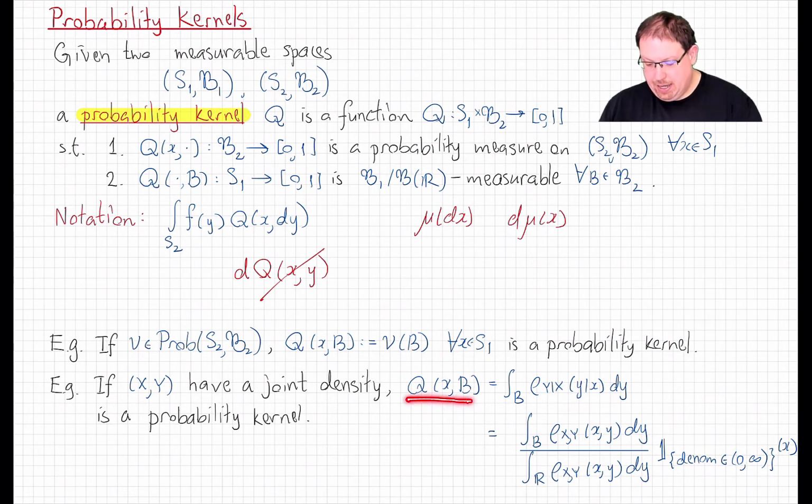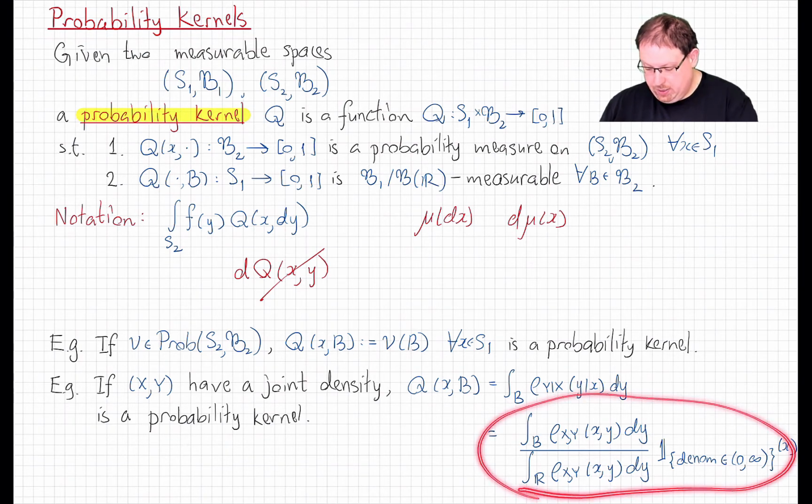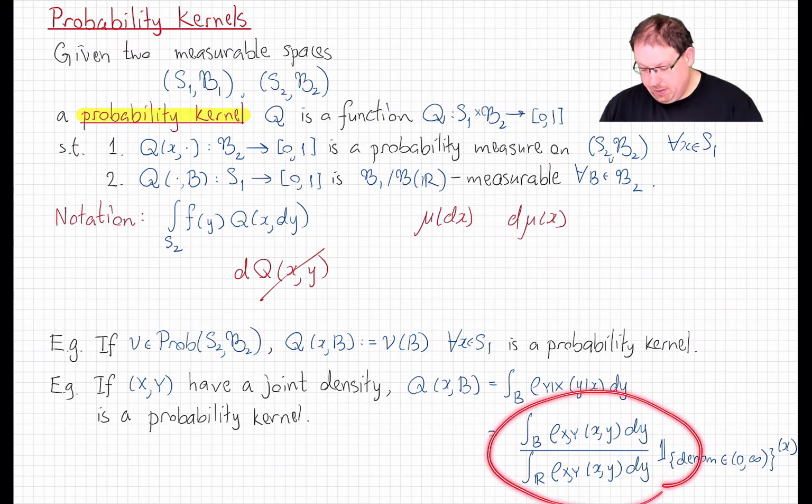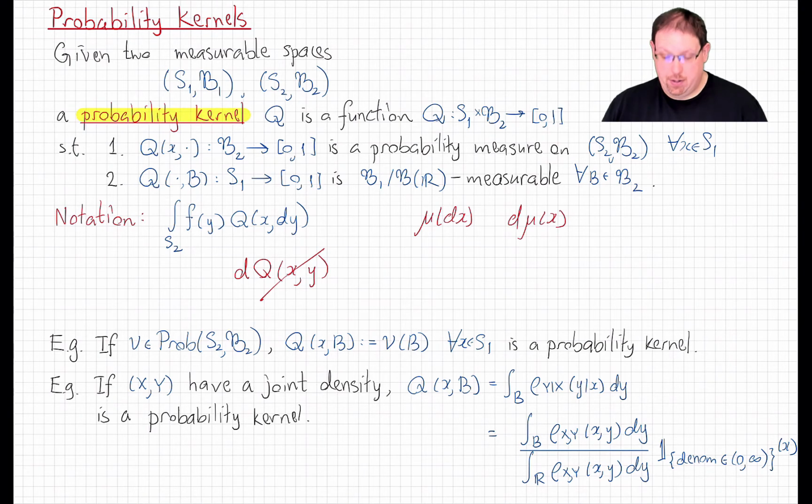Q of x and a Borel set B is the integral over B of the conditional density, which just means this. We take the joint density and integrate the y variable over B, normalize that by integrating it over R in the denominator, although zeroing that out if that happens to be 0, and that normalization is meant to make this a probability measure in the dy variable.